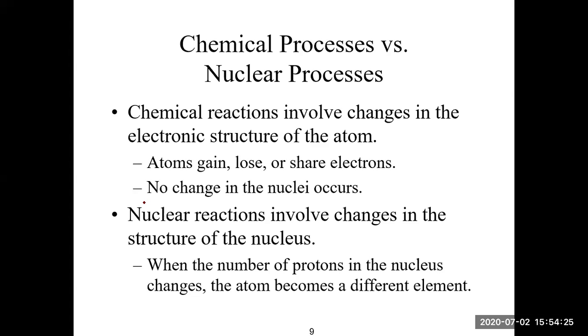That's why nuclear reactions usually generate a lot more energy than any exothermic chemical reaction you could think of, which is also why, as we'll talk about in this chapter, we use nuclear energy for things like nuclear power plants. It generates a lot of energy and it can be very useful in that aspect.